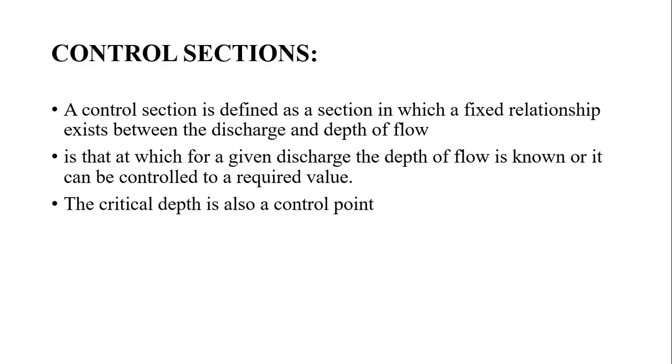Then the critical depth is also a control point. For any regular channel section, if we are not able to find the control section or control point, then the critical depth line, the CDL, is the control point.